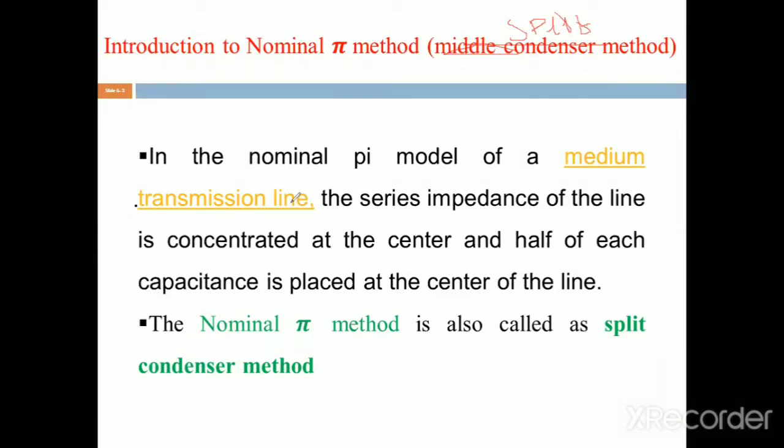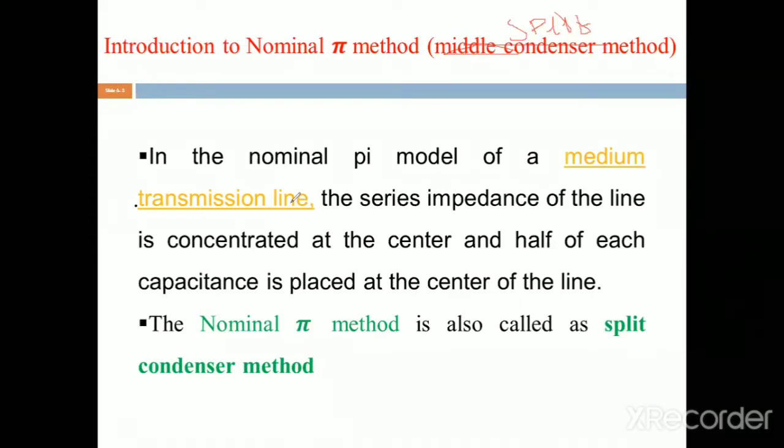Why is it called the split condenser method? The capacitance is split into two parts, and at the middle of these capacitors we connect the impedance. Because the capacitance is split, we call it the split condenser method.